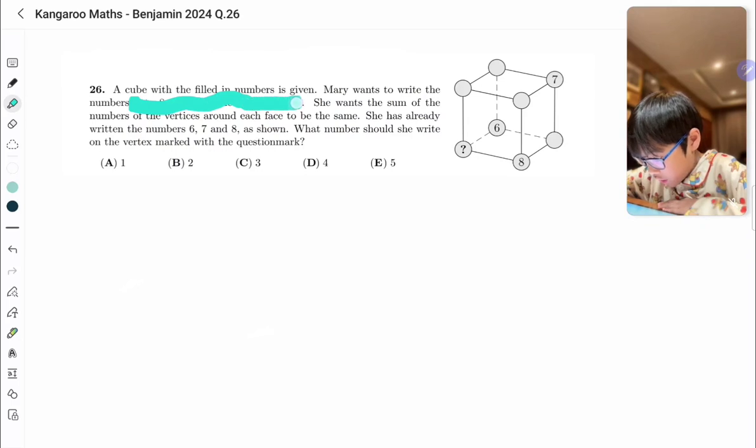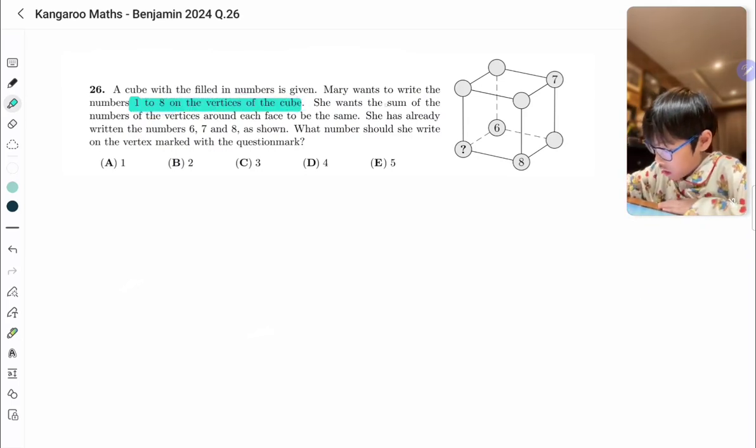This looks very important, and this word is very important too. For those who don't know, the sum means the total of the numbers.